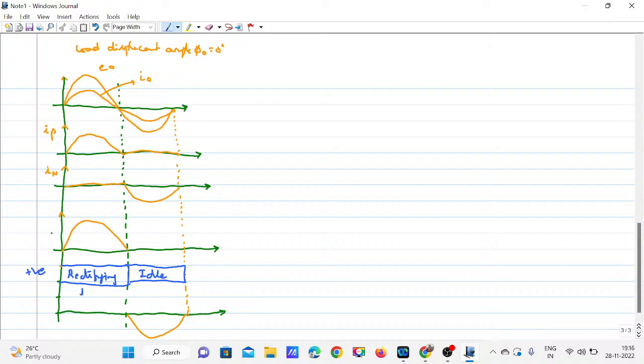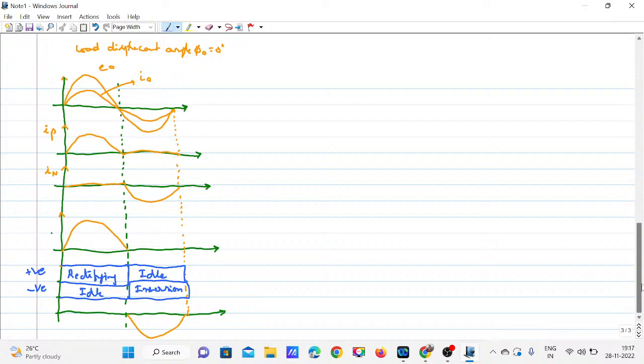Coming to the negative group, first it will be idle, and later it will be in inversion mode. Okay, so this is for the negative group or negative converter. Okay, so these are the things that really happen with this cycloconverter.